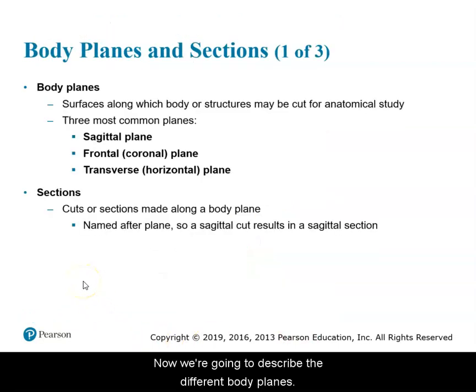So now we're going to describe the different body planes that we'll study, which basically describe surfaces along which the body or structures may be cut for anatomical study. So we have the three most common planes. We have the sagittal plane, the frontal, also known as the coronal plane, and then the transverse or horizontal plane, and we also use the term cross-section.